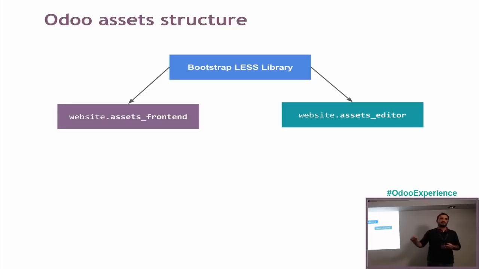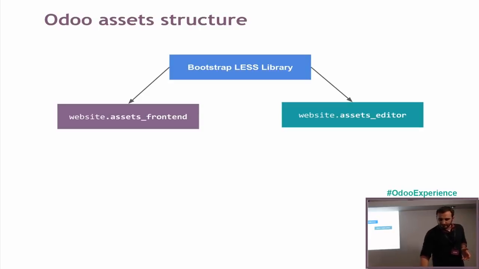So when you click on edit again and you click on a snippet and you have a customized menu where you can change the color of the text and this kind of stuff, this is everything in web assets editor. But the style of the cell, of the text, the background color, the background image, everything is in asset frontend.